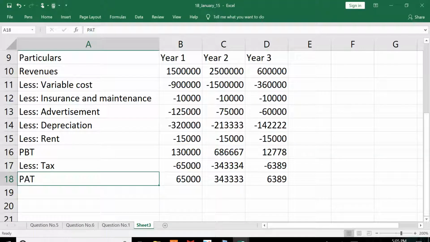Less tax, PAT. The PAT number is 65,000, 3,43,333, 6389.